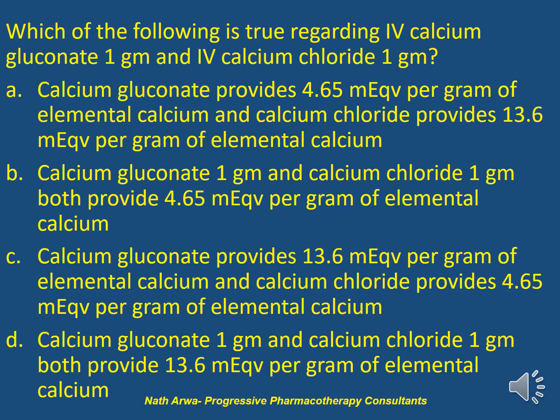Or is it C, calcium gluconate provides 13.6 milliequivalents per gram of elemental calcium, while calcium chloride provides 4.65 milliequivalents per gram of elemental calcium? Or is it D, 1 gram of both calcium gluconate and calcium chloride provide 13.6 milliequivalents each per gram of elemental calcium? I'll give you 10 seconds to choose the correct answer.